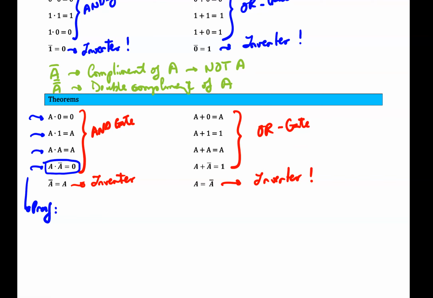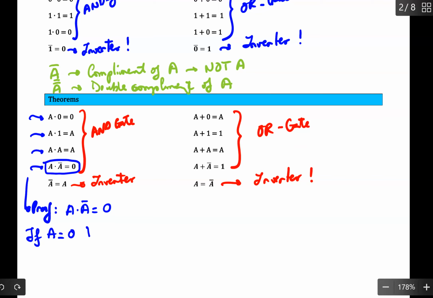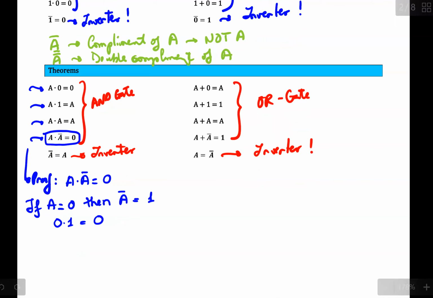So let's prove A and A bar is equal to 0. If I let A equal to 0, then the complement of A is equal to 1. So let's put it into the statement. So 0 and 1 has to be equal to 0. Okay, so you see that now it's equal to 0. Right.